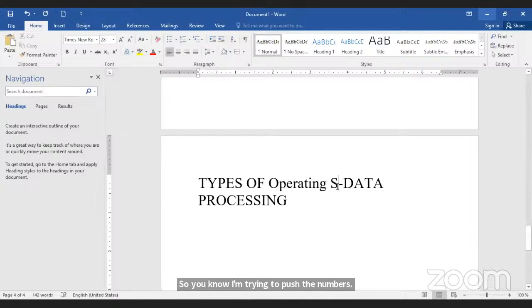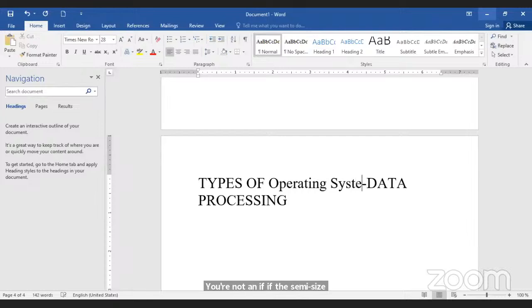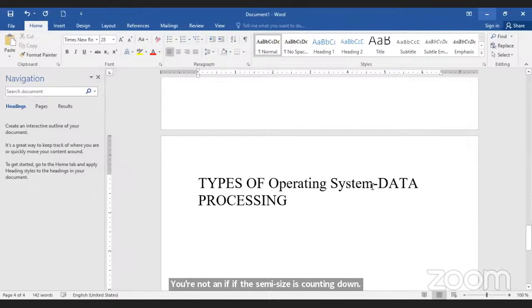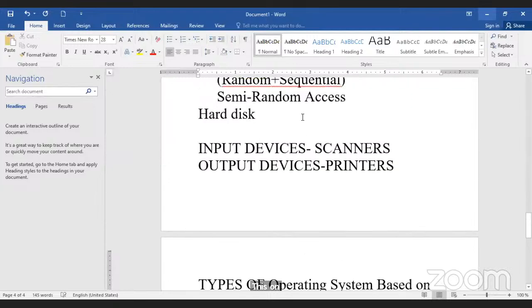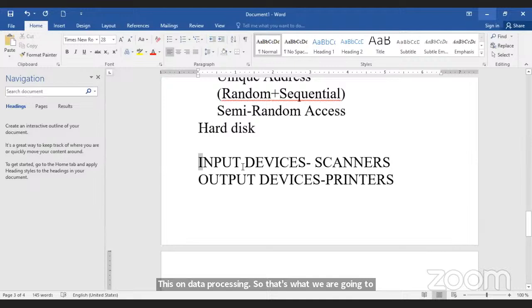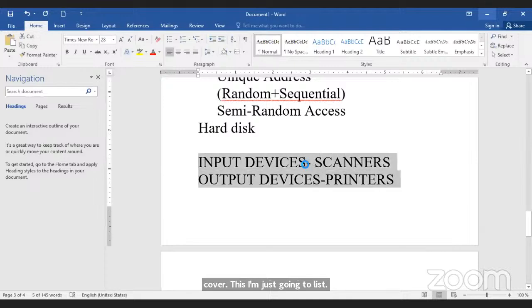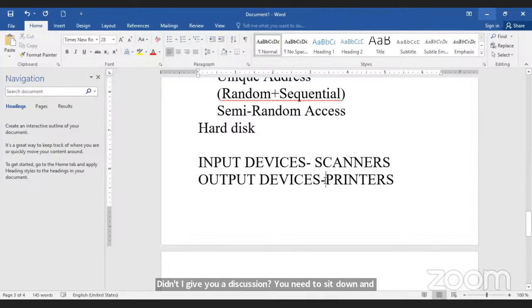The semester is counting down and we have not covered a lot. So types of operating system based on data processing, that's what we are going to cover. These two I'm just going to list, then I give you a discussion. You need to sit down and discuss during your free time.